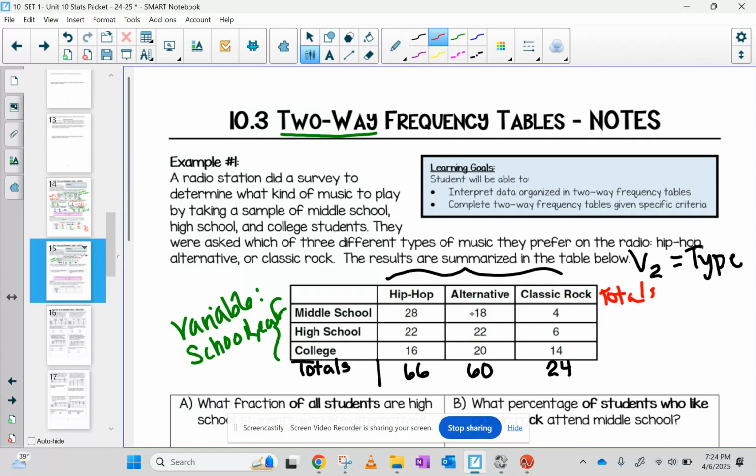And I'm going to have 20, 30, 46, and 4 is 50. And these total 50, and these total 50 as well. So the grand total is 150, but also check this way to make sure they too will total 150, and they do. So I figured out my totals.